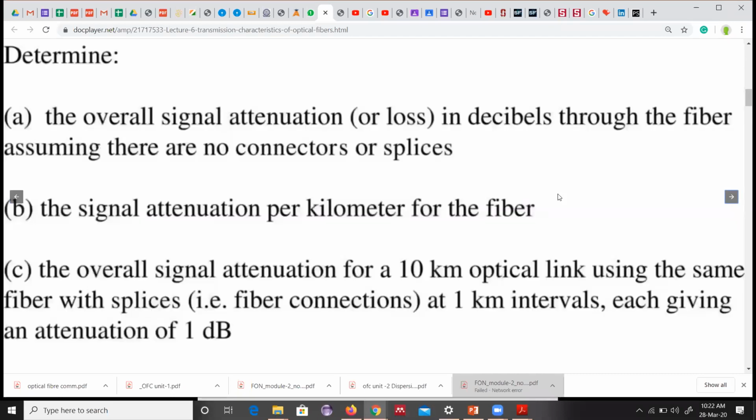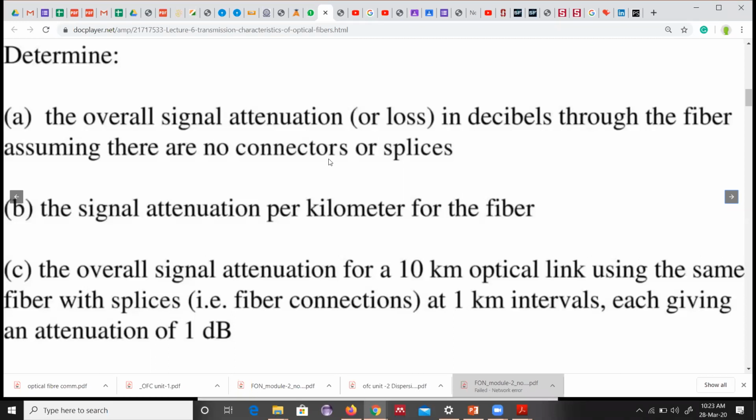So this is the second problem which discusses the overall signal attenuation. Determine the overall signal attenuation in dB throughout the fiber, assuming there are no connectors or splices. We have an optical fiber system which cannot be established just by using an optical fiber for the entire length.